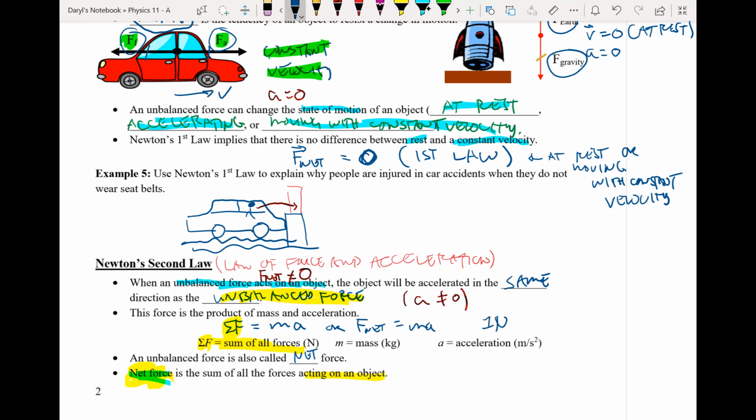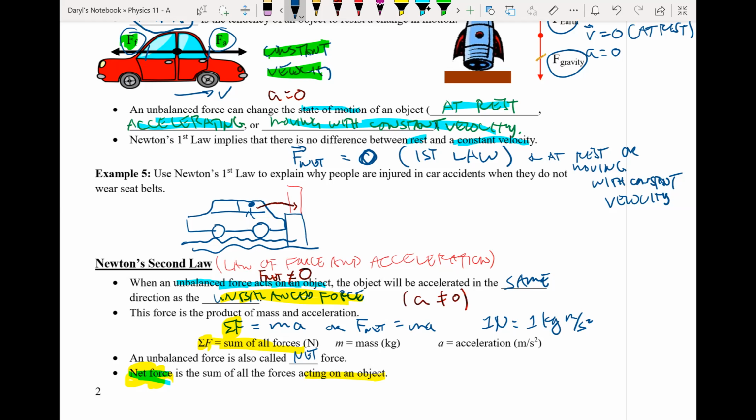So we get the definition of the Newton in this case. Again, 1 Newton is 1 kilogram meter per second squared. Based on the definition, a Newton is the force needed to accelerate a 1 kilogram object by 1 meter per second squared.